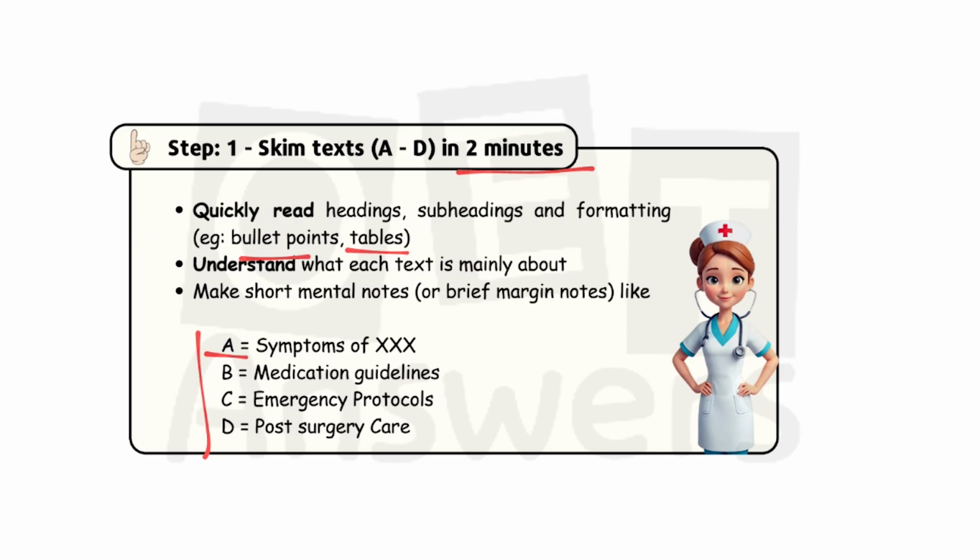The second thing is exactly what type of statement they have in the particular paragraph. The third is making the mental note, and finally you have to categorize: A is about this information, B consisted of this, C included this, and D consisted of post-surgery care. Likewise, you have to categorize them. This is the first step in skimming. Are you clear with this?